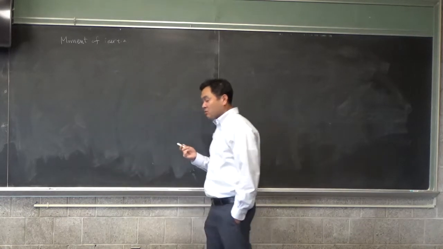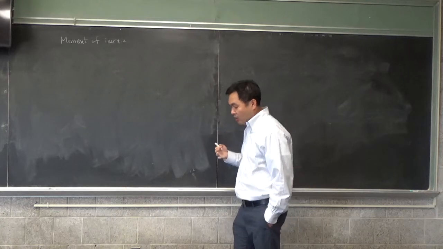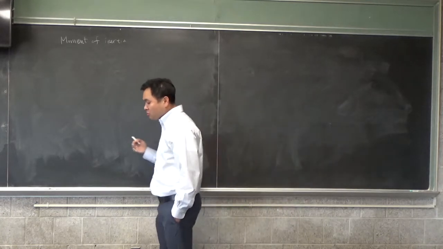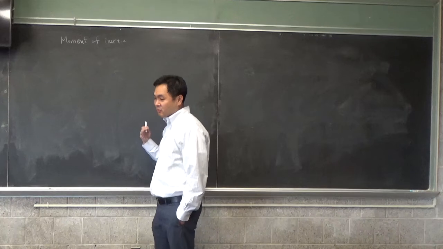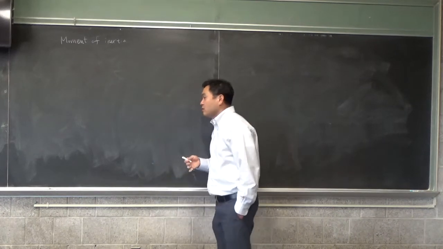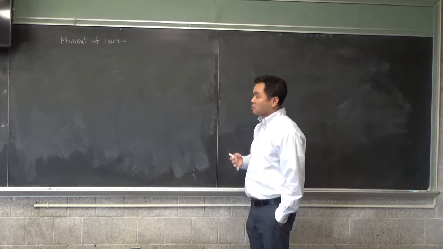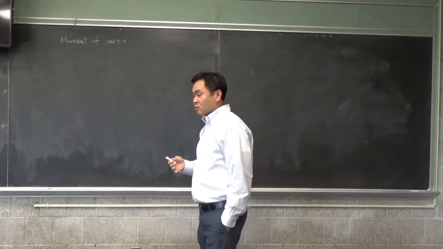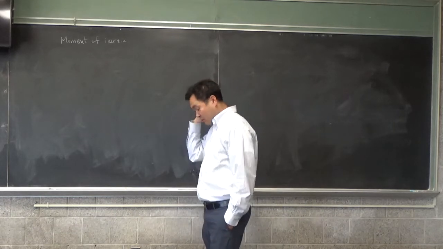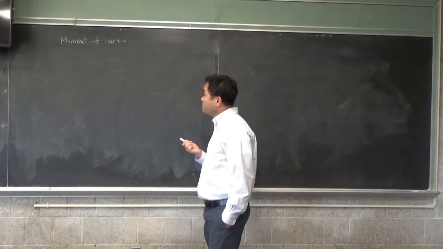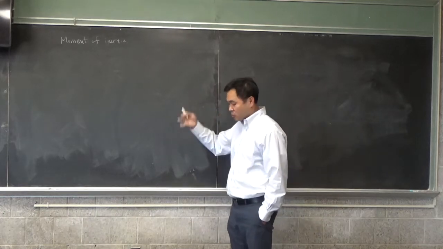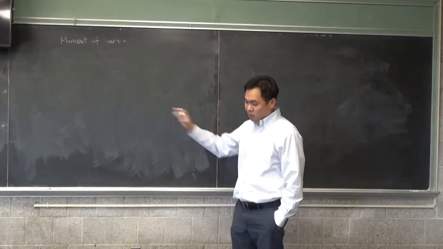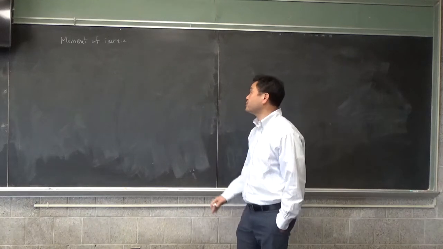The moment of inertia has some similarity to the mass. It's not the mass, it has a different unit, but it's in some sense like the mass of an object when the object is going straight. Moment of inertia is for rotating objects. Mass is for going straight.